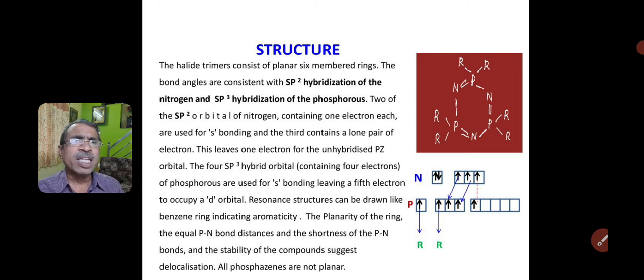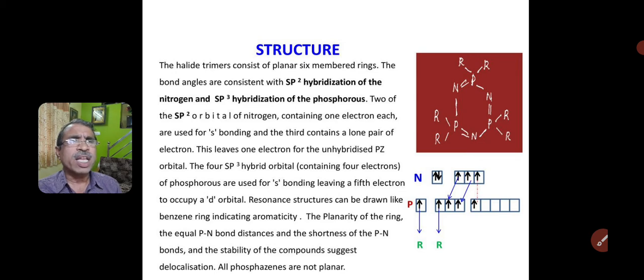Among the three sp2 hybridized orbitals of nitrogen, one contains the lone pair of electrons and the other two are involved in bonding with two phosphorus atoms through sigma bonds. Phosphorus undergoes sp3 hybridization, giving 4 sp3 hybridized orbitals.